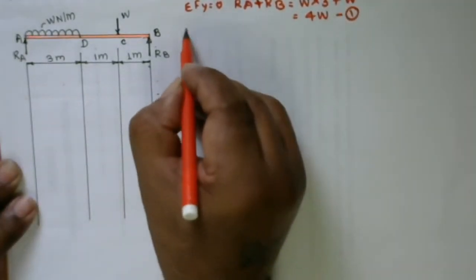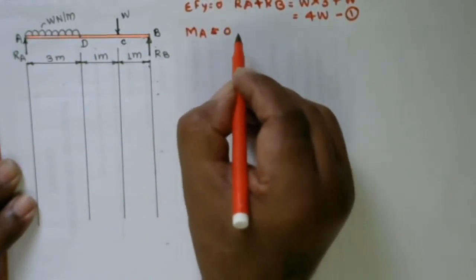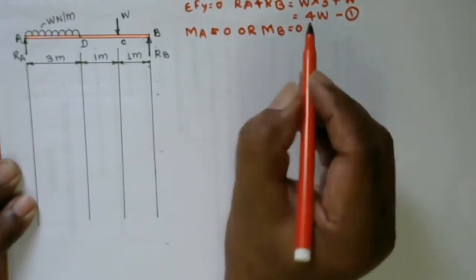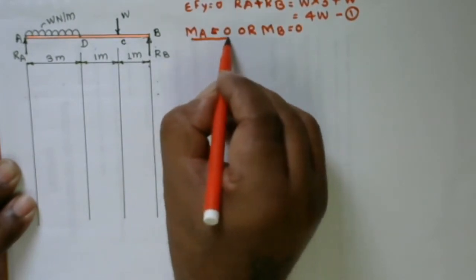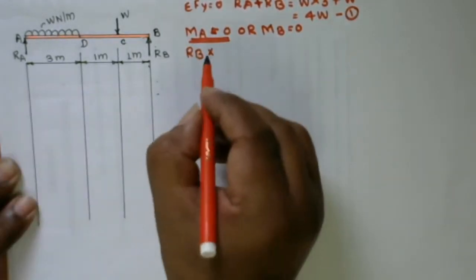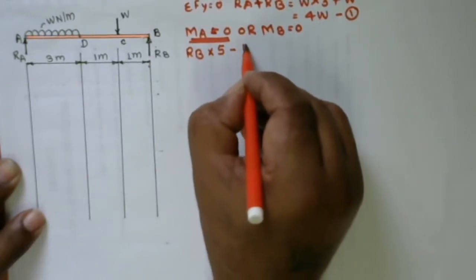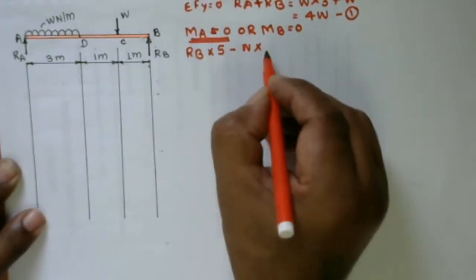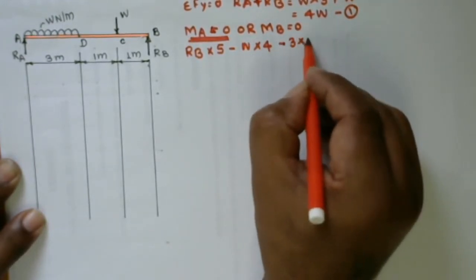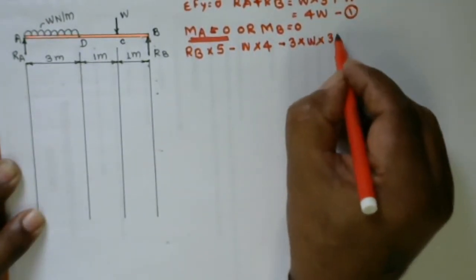Taking the moments about point A, or you may take moment about point B and equate with 0. I am considering moment about point A. So RB into its distance up to the point A is 5 minus first point load I am taking W, its distance up to the point A is 4 minus UDL rate is W into 3 and it is acting at the center of this span, which is 3 by 2.